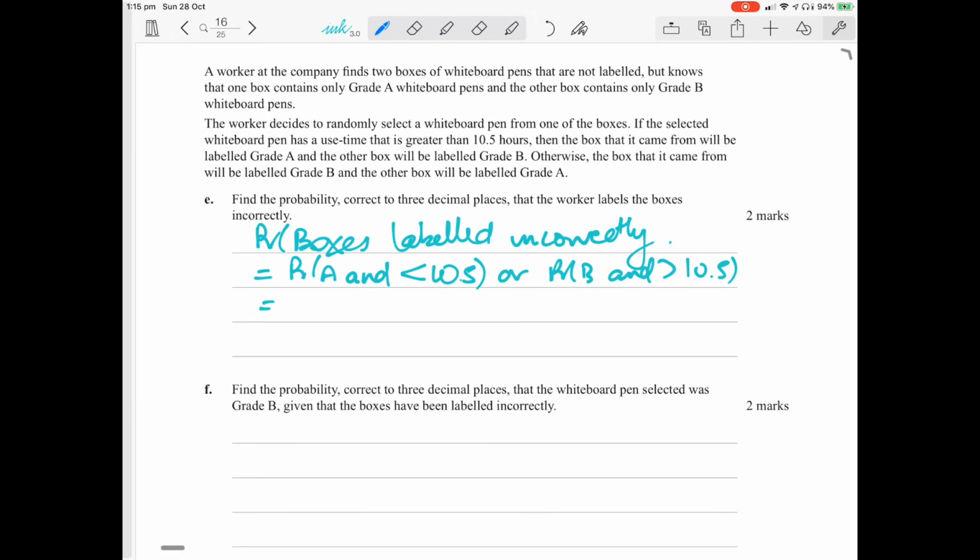So the probability of A and less than 10.5: that's a half, because there's a half chance of getting that box, times less than 10.5.